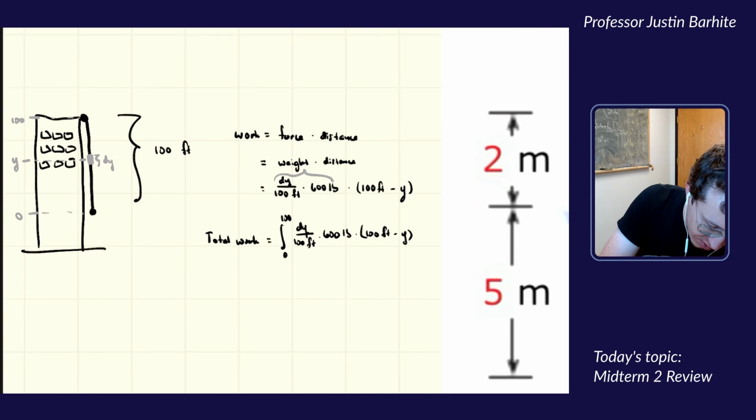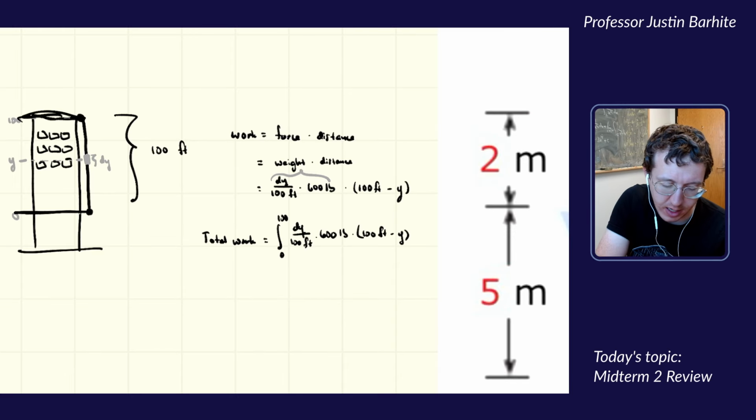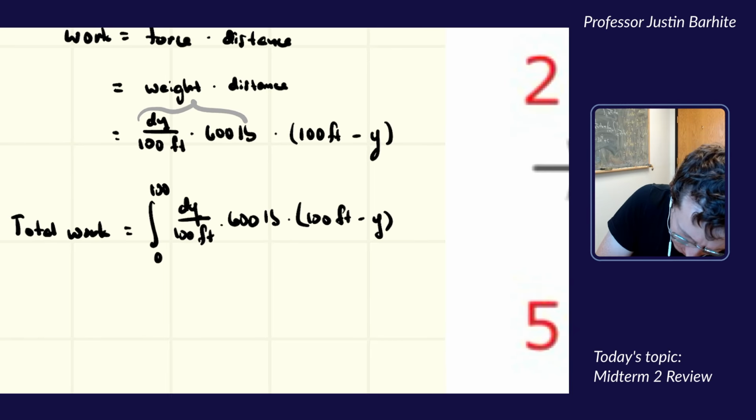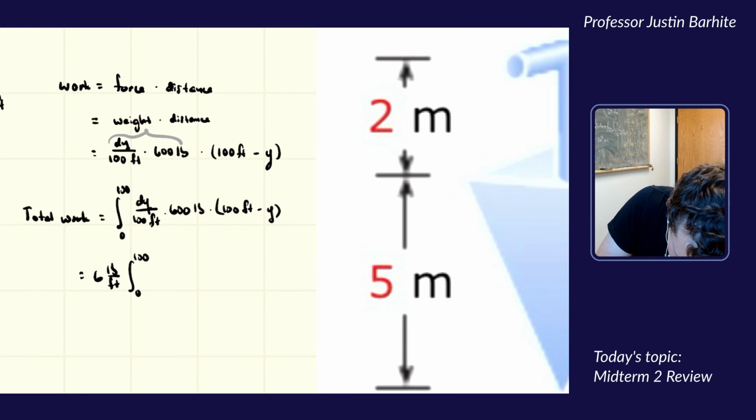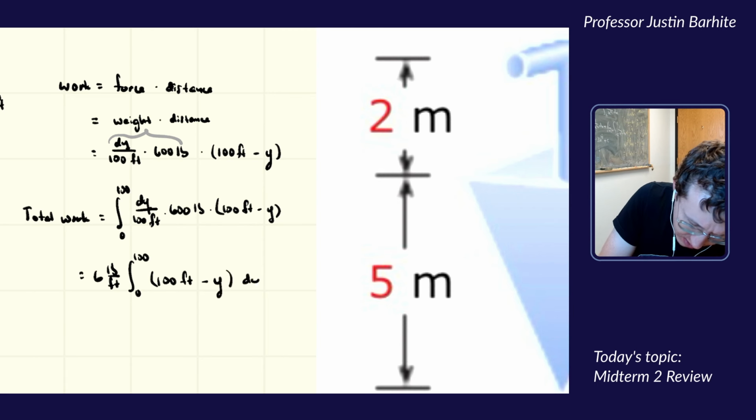That is the range of y values that span the length of this cable. So as I mentioned, this constant simplifies to 6 pounds per foot. And then I have 100 feet minus y dy.